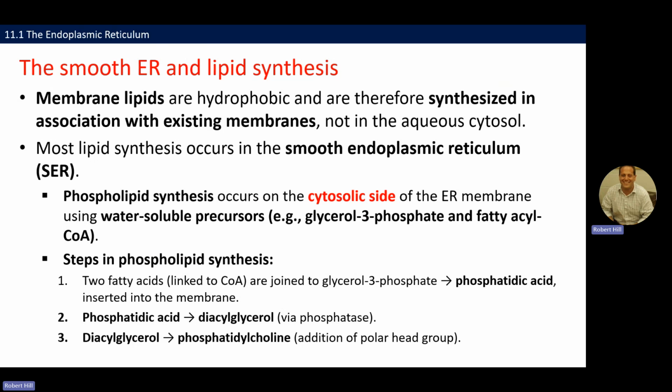Because within the cytoplasm of the cell, you have these water-soluble precursors that you need to make new phospholipids. Glycerol 3-phosphate, we know we need that to make a phospholipid, and acyl coenzyme A, we need that to make phospholipids. So I do want you to learn those molecules, but there's a lot of other biosynthesis that's covered in the textbook that I don't want you guys to get into.